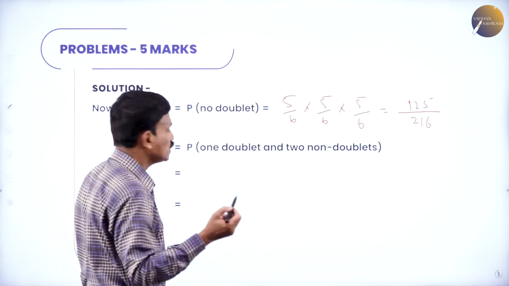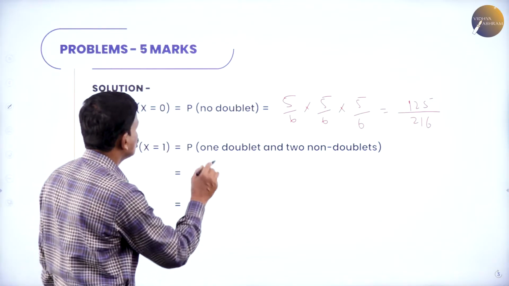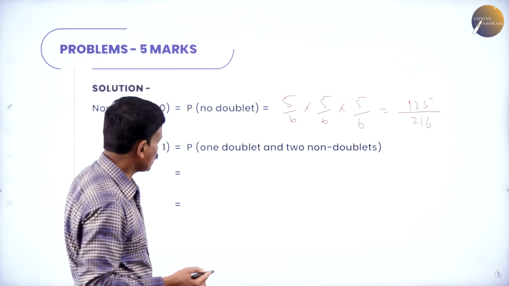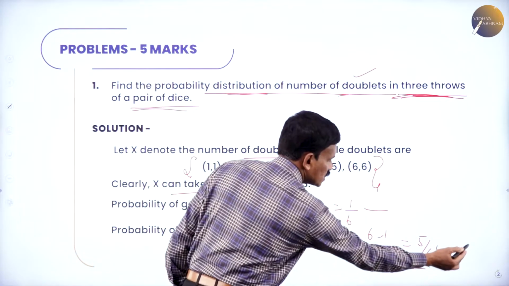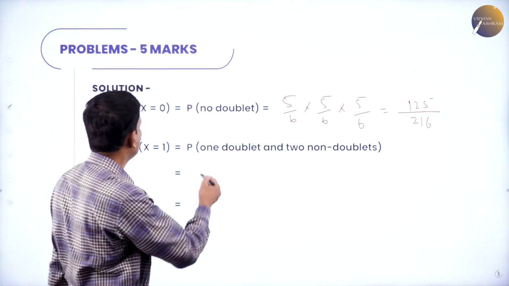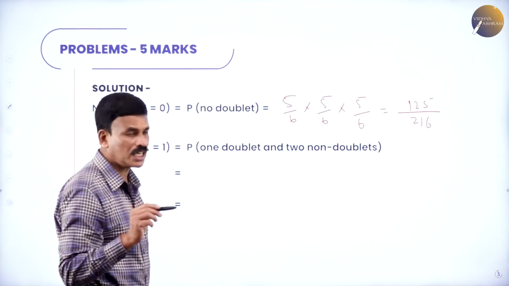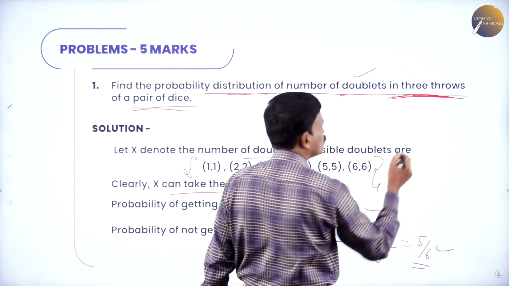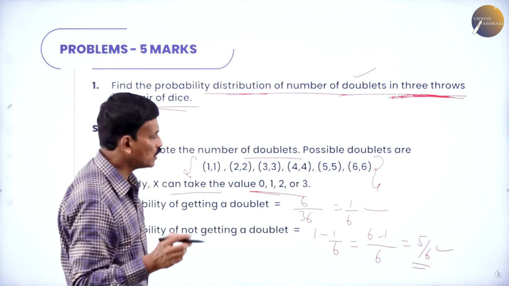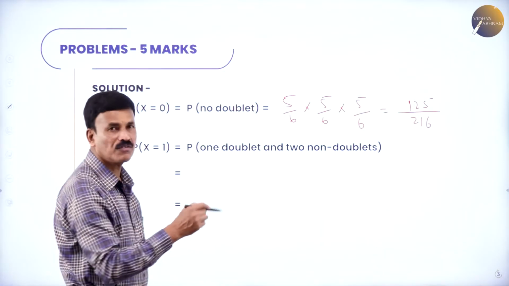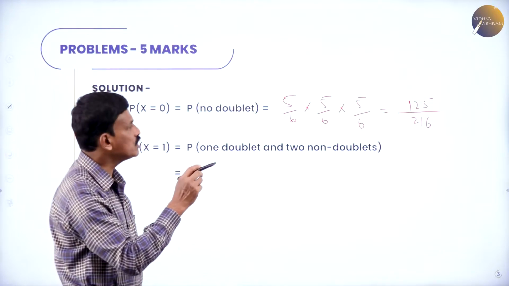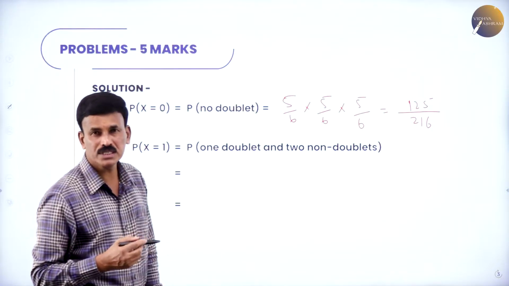Now, in the first case, when x is equal to 0, the probability of no doublet is 5 by 6. Since we are throwing 3 times, no doublet means 5 by 6 into 5 by 6 into 5 by 6, 3 times. 5 fives are 25, into 5 is 125, divided by 216.